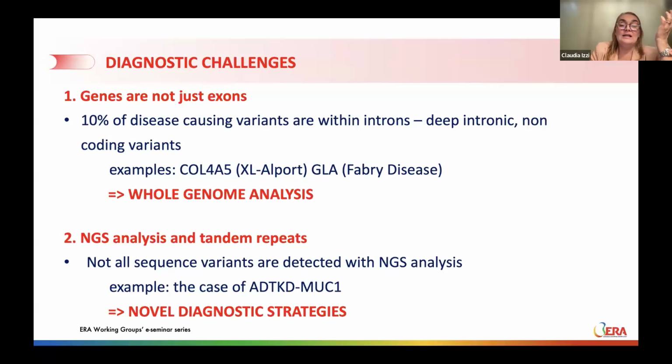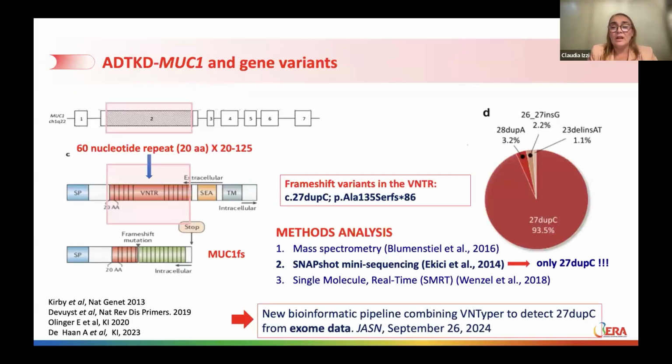And also there are limits in NGS analysis, for example, for tandem repeats that are difficult to analyze. And an example is the MUC1 gene that I report here.